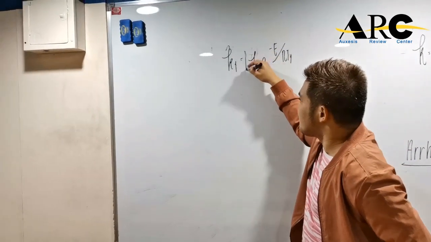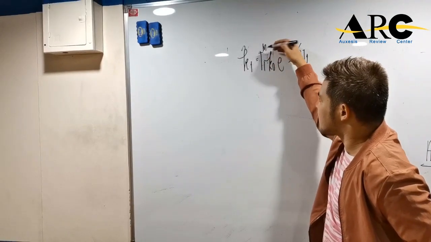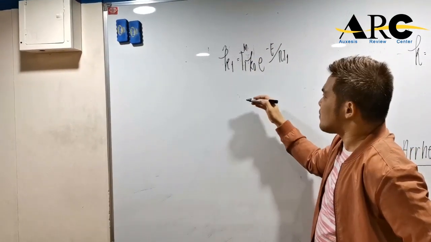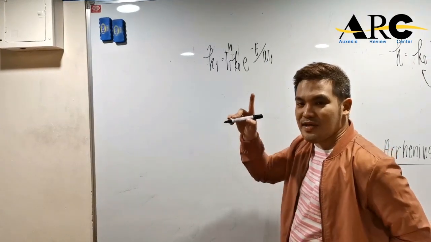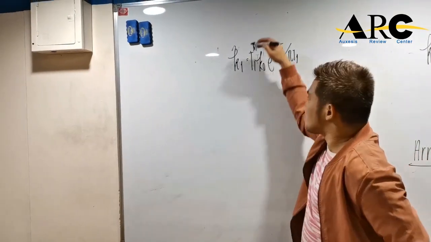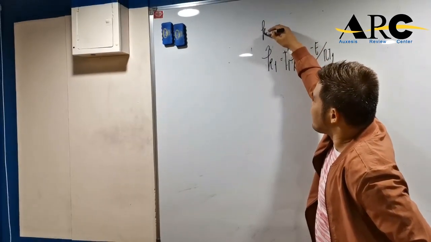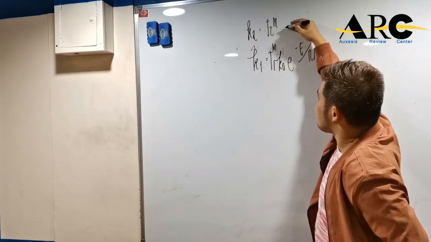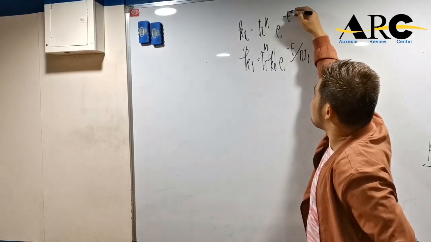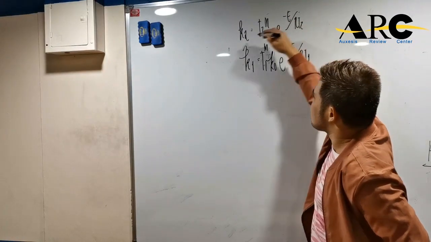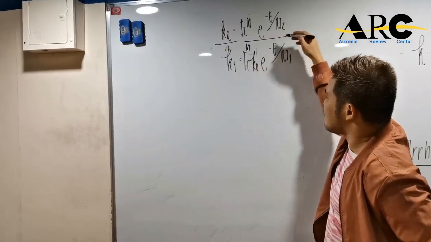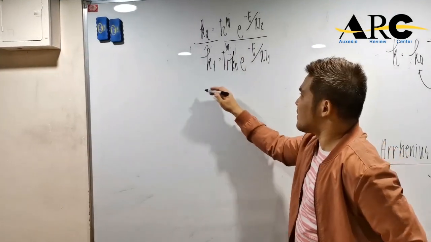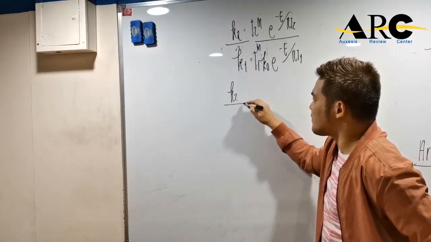So, ito ay multiply sa T1 raised to M. So, kapag meron naman daw tayong temperature T2, so meron tayong K2. So, we have T2 raised to M, e raised to negative E over R T2. So, try natin i-divide. So, ang mangyayari, we have K2 over K1.